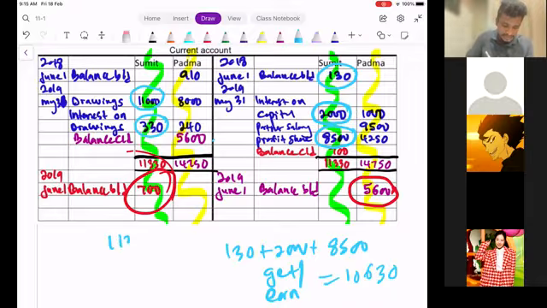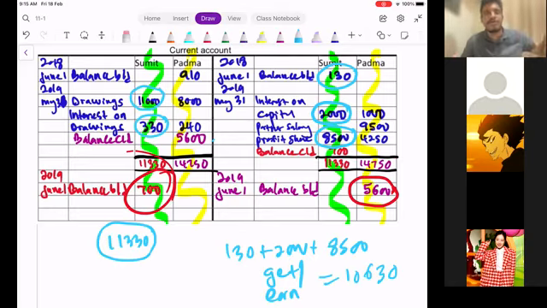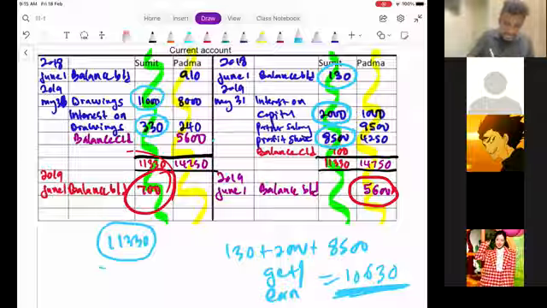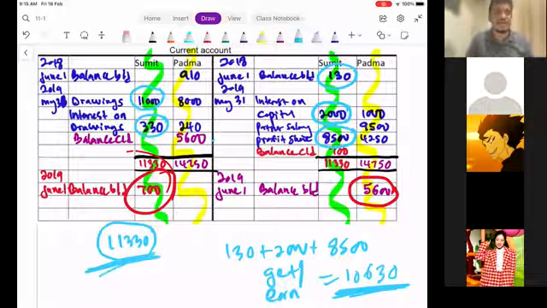So total 11,330. He took the money, and also we charged the guy, right? Included. So 11,330 he took out from the business, but he only has 10,630 in his account. So now does he owe the business, or does the business owe him?